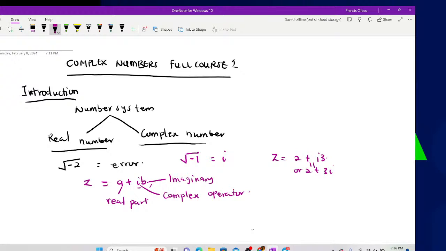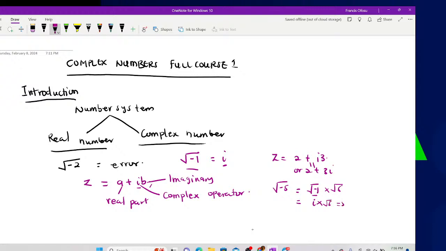So with this, we can find the square root of, let's say, -5. This is simply equal to square root of -1 times square root of 5. The square root of -1 simply gives us i, because the complex number system has accepted the square root of -1 as the complex operator i. So I replace this with i, multiplying root 5.